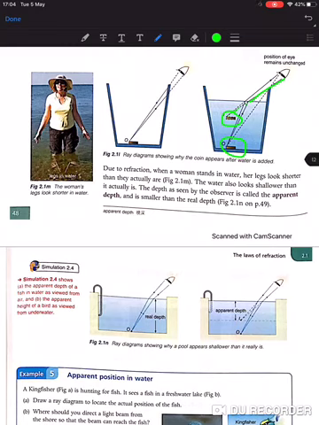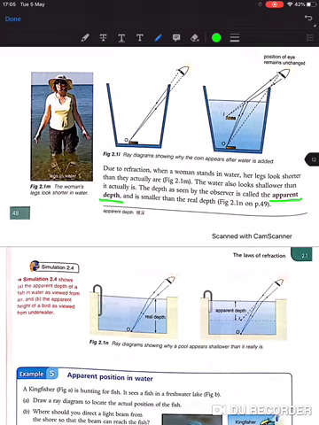Now, so in here, the object started from the bottom of the bucket. It moved up. Actually, the physical position of it hasn't moved, but the cone appears to be raised. And then we got a name for that, and we call that apparent depth.